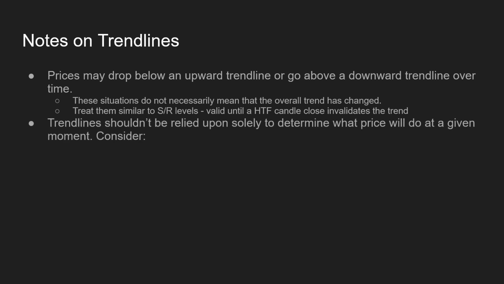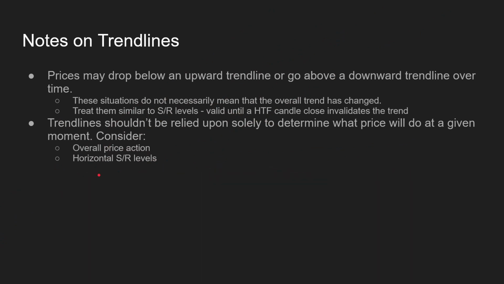Now, once again, as with any other TA tool, trend lines shouldn't be relied on solely to determine what price will do at a given moment. You want to consider overall price action. Consider horizontal support and resistance levels. I find that they are conflicting. You might think that they are one and the same, where here's a trend line and here's just another line.